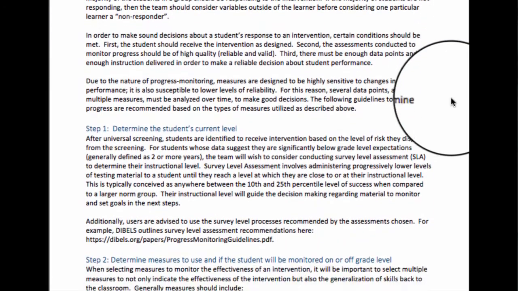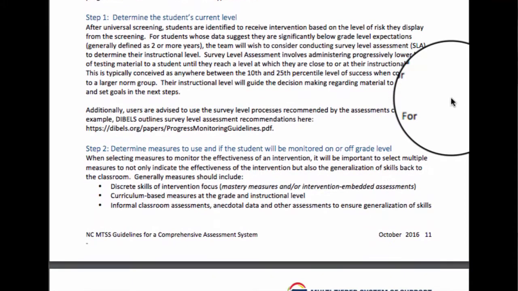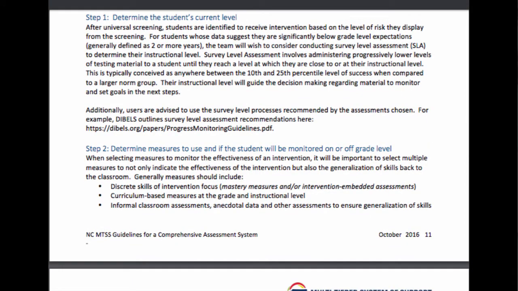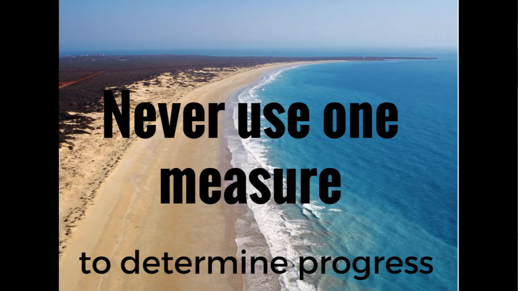So before we begin the steps, we should note that traditional progress monitoring measures, such as CBM, are by design highly sensitive to incremental progress or growth of students over time. But because of this level of sensitivity, they also have lower levels of reliability. This is much like what we talk about with blood pressure.